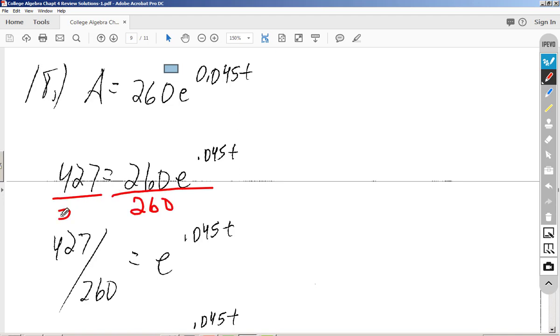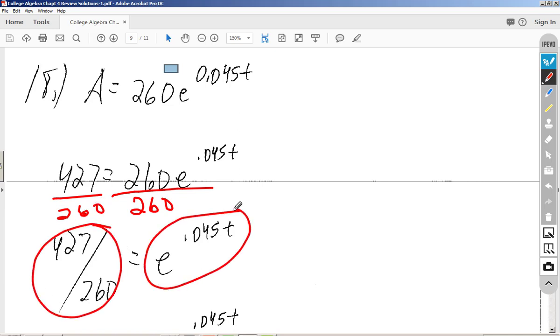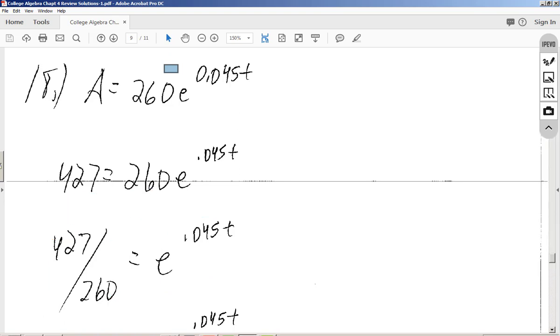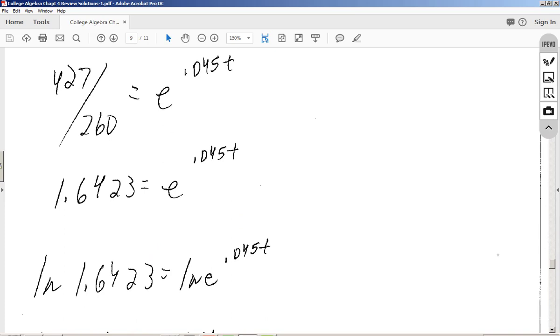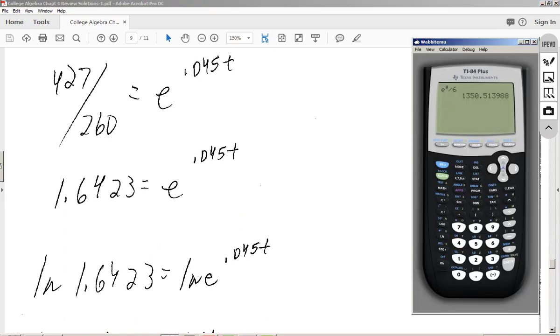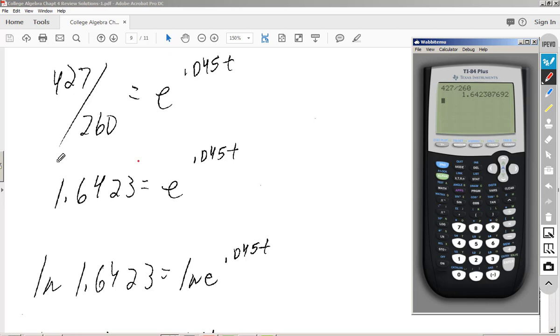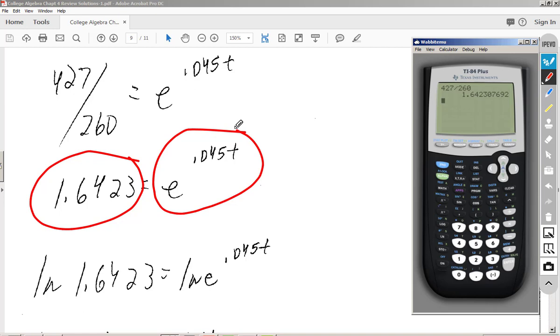Dividing both sides by 260 leaves me with 427 divided by 260 equals e to the 0.045t. Now I'm going to take my calculator and divide 427 by 260. It comes out to be 1.6423. I've got 1.6423 equals e to the 0.045t.